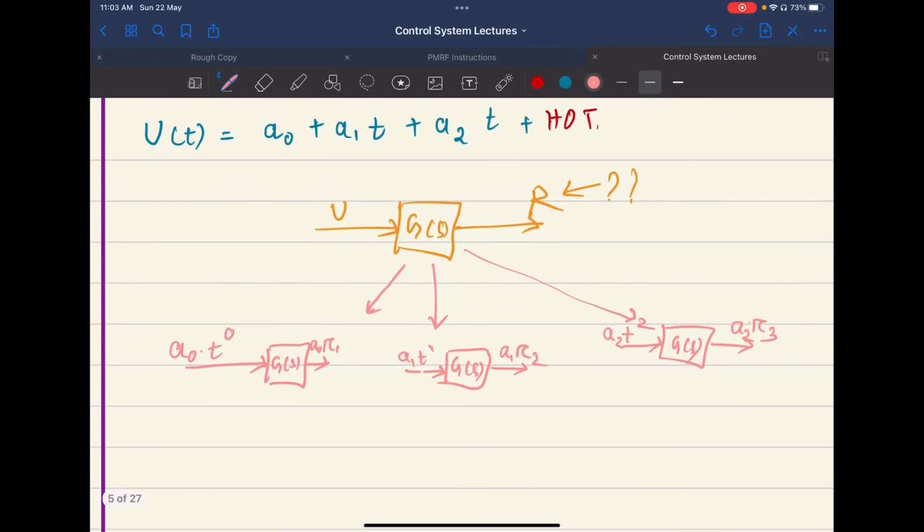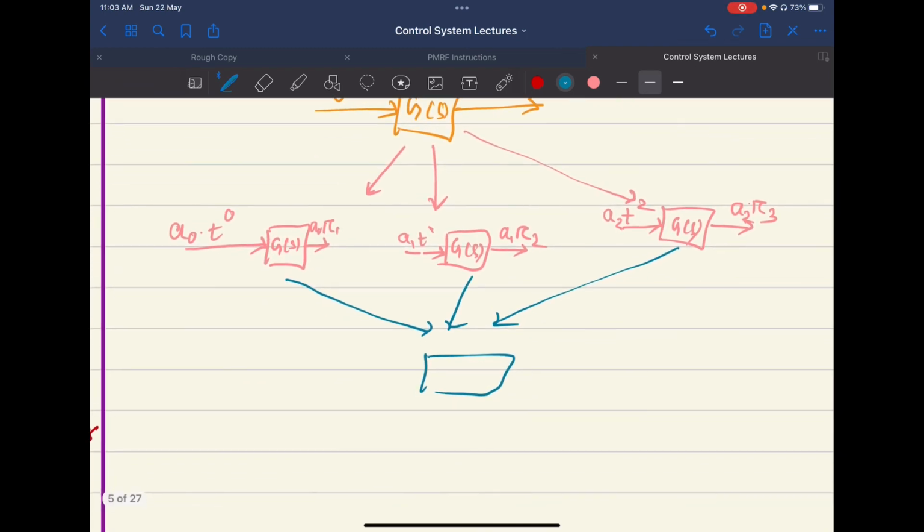This is because of the homogeneity property of a linear system. So now, if I assume my G is a linear system, then I can combine these three results, with the input being A0 plus A1 t plus A2 t squared, plus the higher order terms which I am neglecting right now.